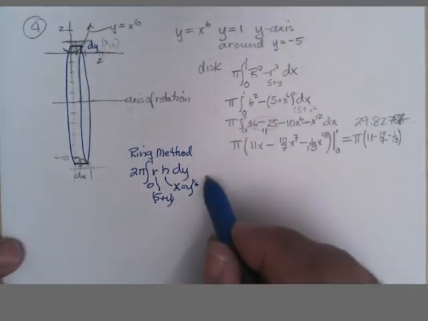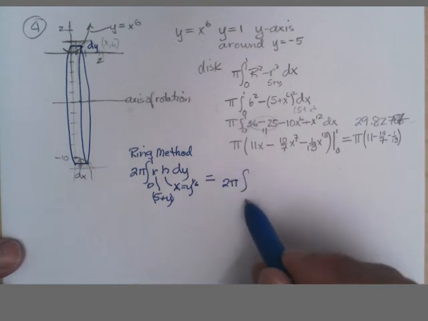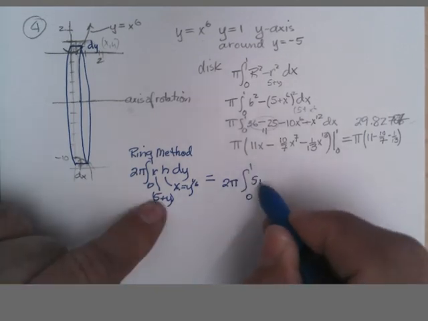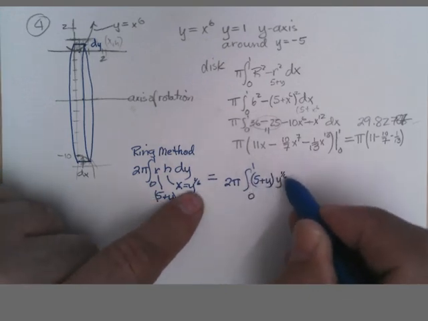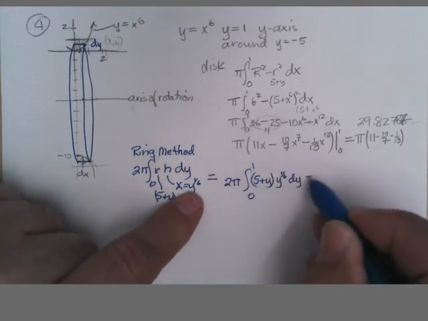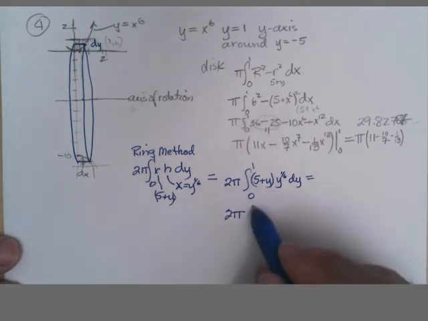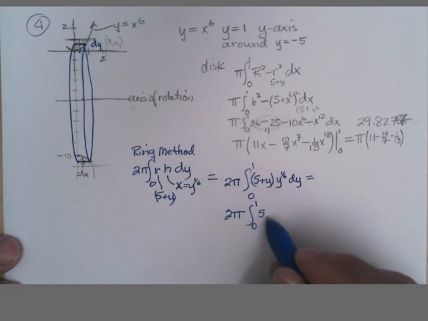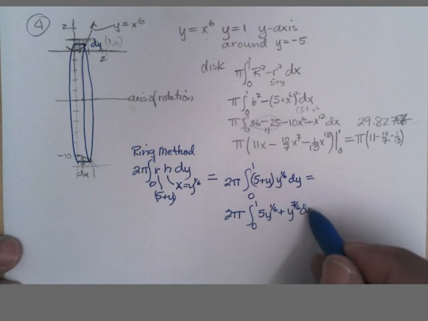So we would have, in the ring method, 2 pi integral 0 to 1 of 5 plus y times y to the 1/6 dy, which should be 2 pi integral 0 to 1 of 5y to the 1/6 plus y to the 7/6 dy.